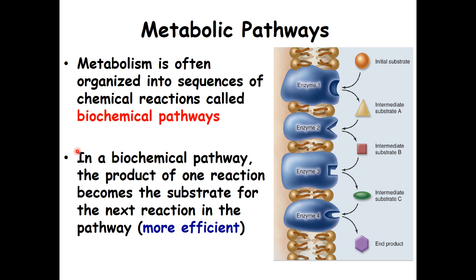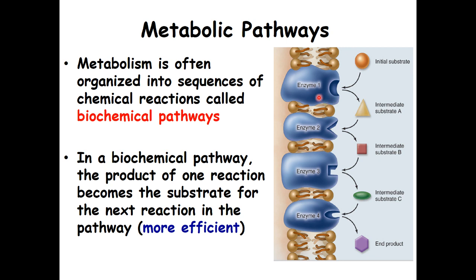Now, when you talk about all these metabolic reactions, anabolic reaction, catabolic reaction, whatever it is, they are catalyzed by enzymes, like what I told you earlier. And not just that, the enzymes for a certain reaction are always arranged in what we call biochemical pathways. Look at this. Enzyme number one will convert the initial substrate into a product, which is a triangle here.